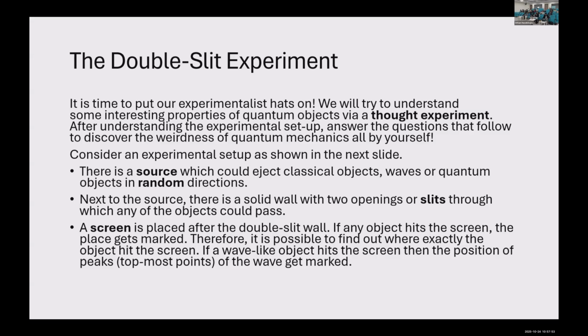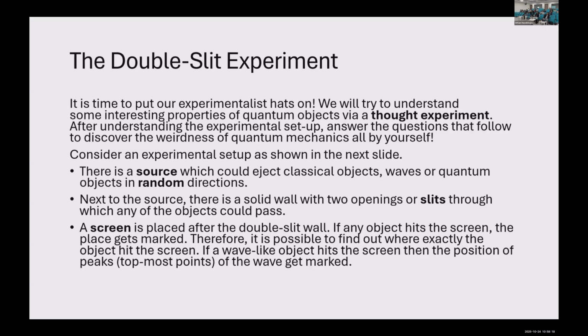Okay. So it is time to put our experimental hats on now. We will try to understand some interesting properties of quantum objects via this experiment. After understanding the experimental setup, I will ask you questions that follow to discover the weirdness of quantum mechanics, and you will see that by yourself.